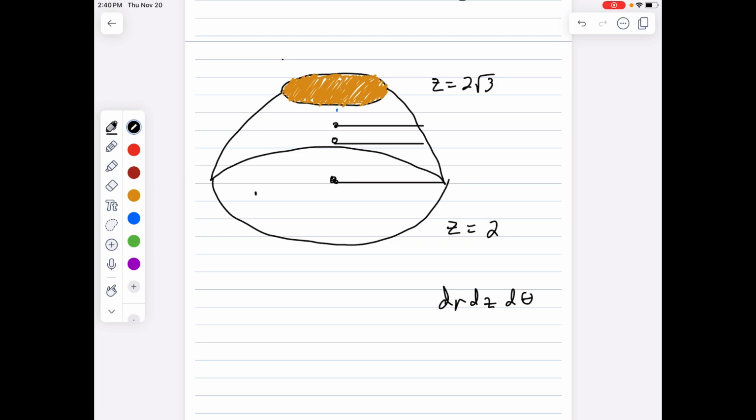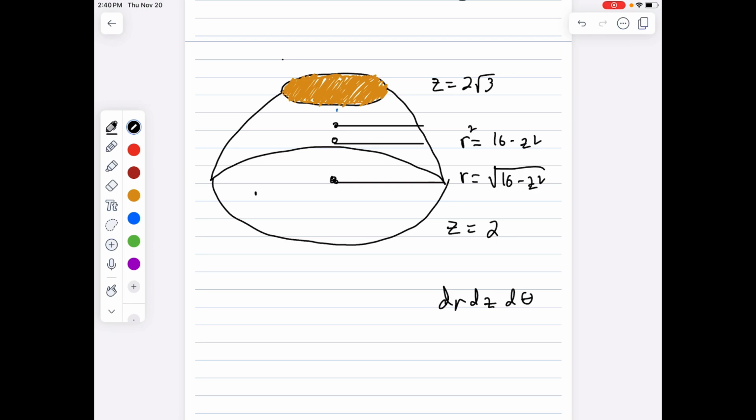So r squared would equal 16 minus z squared, and r would equal the square root of 16 minus z squared. Okay, and I'm going to restrict my values to positive here. We can technically work with a negative r, but we're not going to get into that.